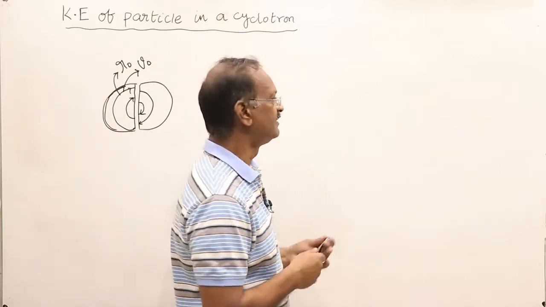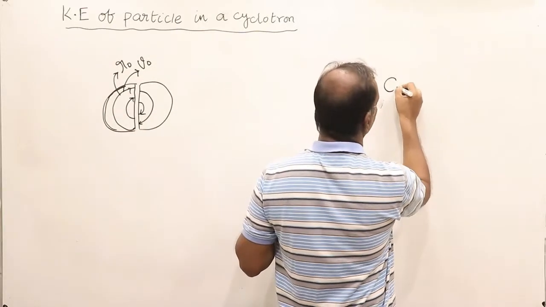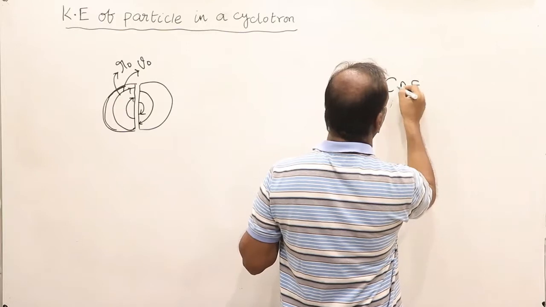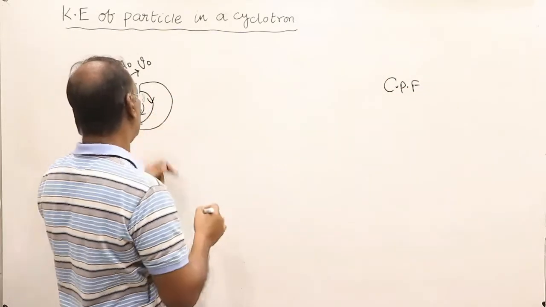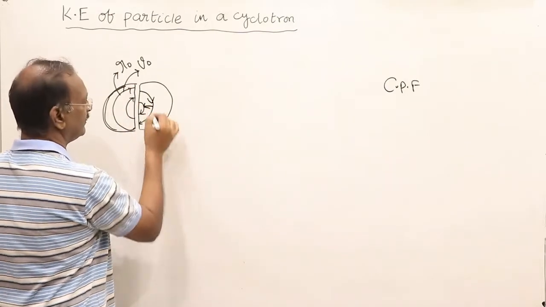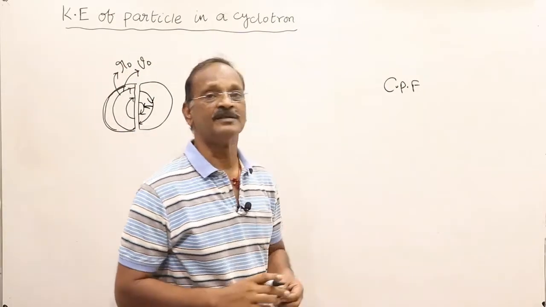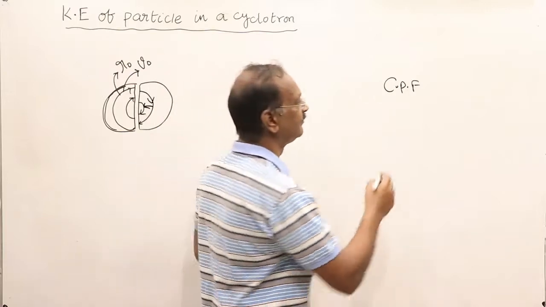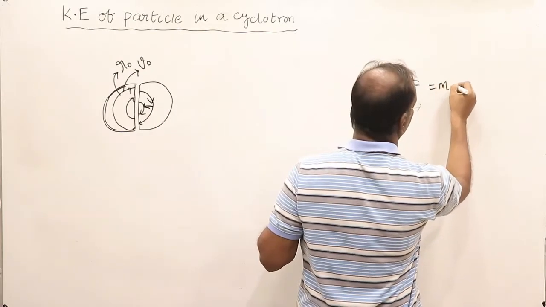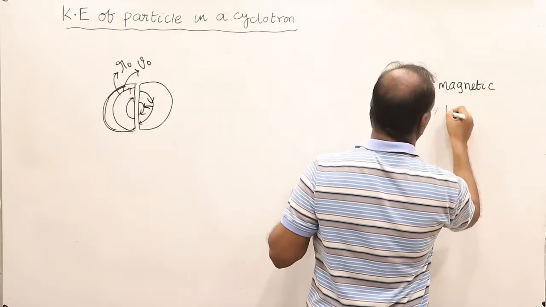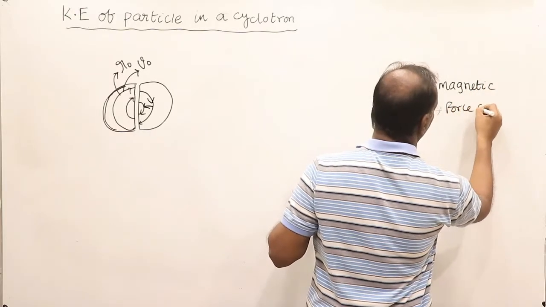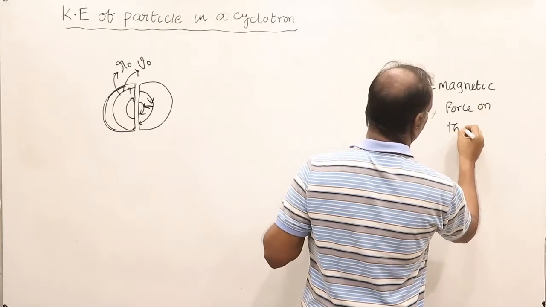So now from the cyclotron we can see the centripetal force. The particle moving in a circular path should have a centripetal force. The centripetal force is provided by the magnetic force on the charge. This we have already seen, magnetic force on the charge.